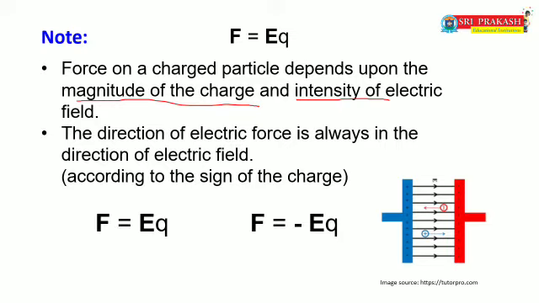So for a positively charged body, the force direction is along the direction of the electric field. But a negatively charged body is attracted towards the positive charge, meaning the direction of force on a negatively charged body is opposite to the direction of the electric field.